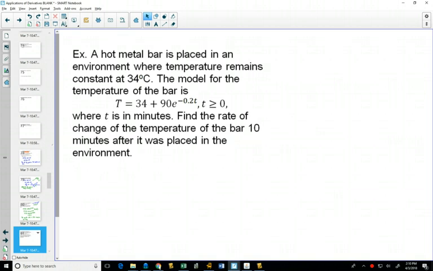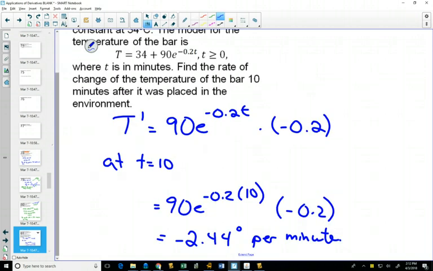So at time 0, this bar is at 124 degrees. Can you see that at time 0 it's 124 degrees? And the way that temperature works, you put something hot in a cooler environment, it will heat up the cooler environment, but it will cool itself in the process. Okay.